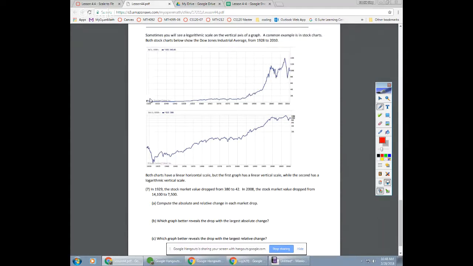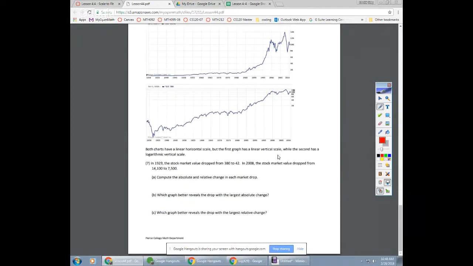So that shows the absolute change. And then the percent change is shown here. Notice that this drop doesn't look nearly as bad as this drop right here. Here's that 88% drop versus the 46% drop there. So the relative change is better revealed by the logarithmic graph.